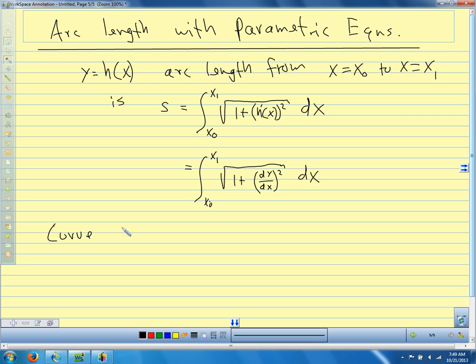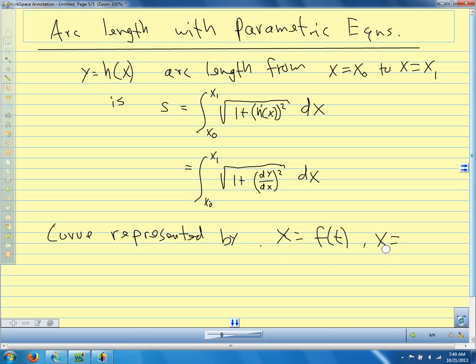So now we're going to say our curve is represented by our parametric equations, the ones we talked about before. Let me switch that around. I'm going to say that's x and this is y. Doesn't really matter.